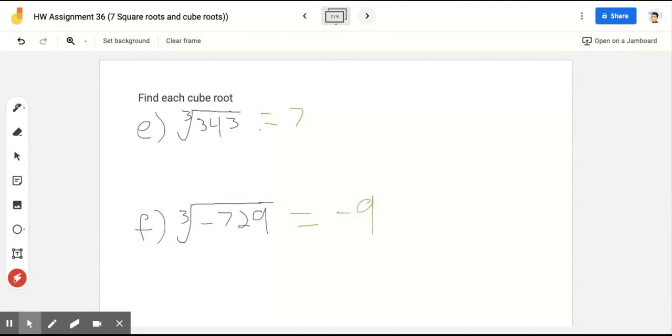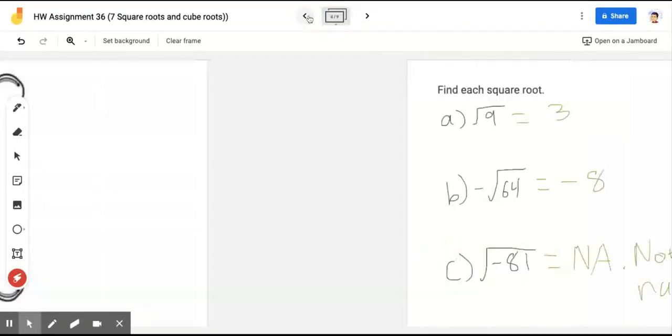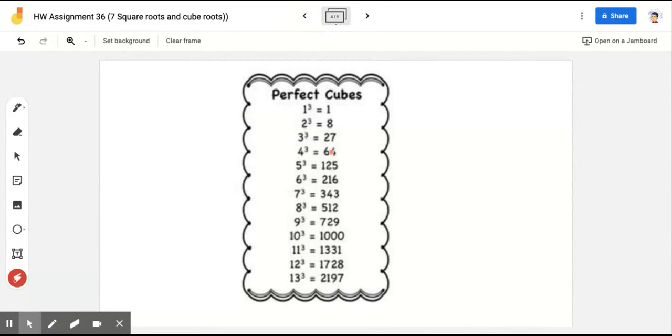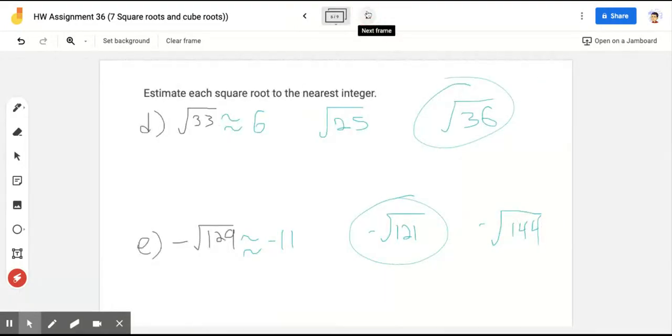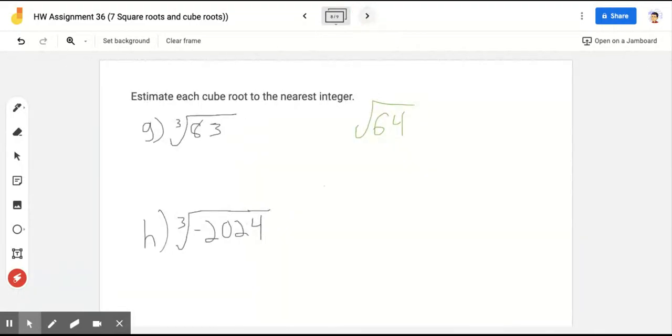All right, same deal here. We're going to estimate, just like we did before. So estimate our cube roots to the nearest integer. So I have the cube root of 83. So I know that that's between 2 cubes. So the cube root of 64, and let's see if we could find what the other one is. So 83 is between the cube root of 64 and the cube root of 125.